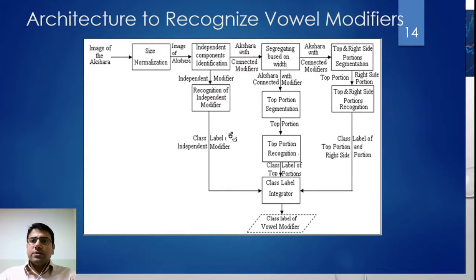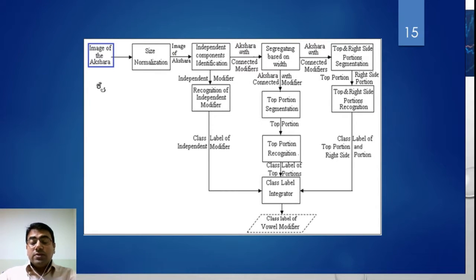This is the architecture which is developed in this research to perform the vowel modifier recognition. Initially, the input of the Akshara in the form of an image is given to this architecture. This is an example of an image. You can also see this is a complete Akshara which consists of two independent components.